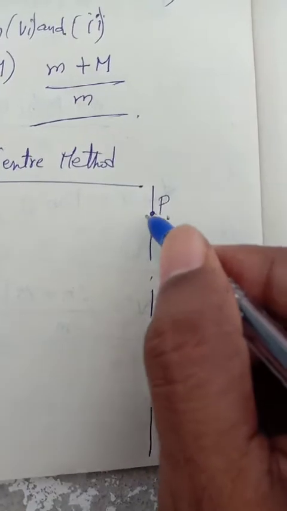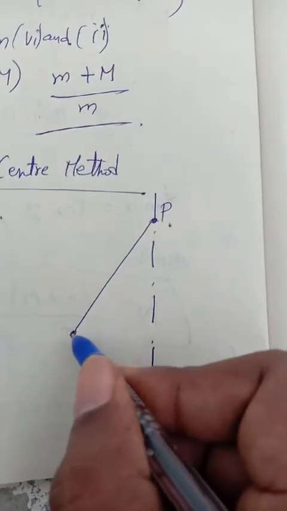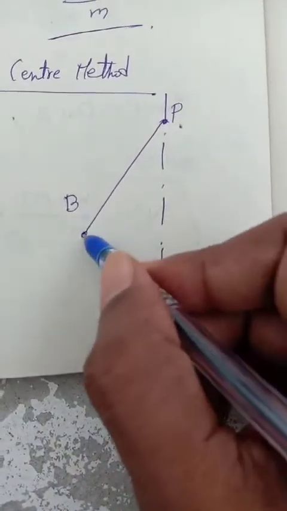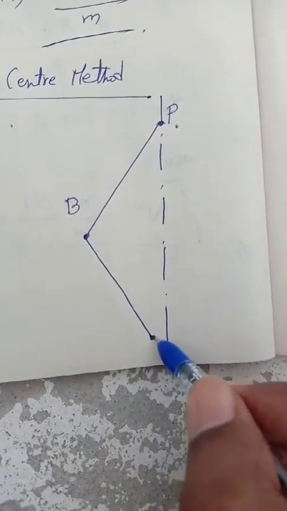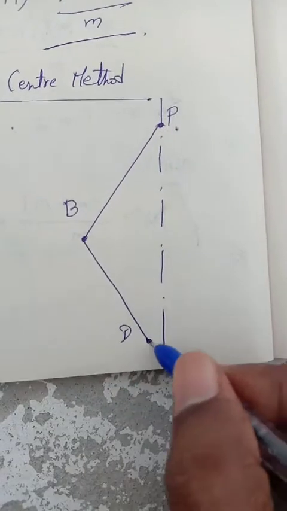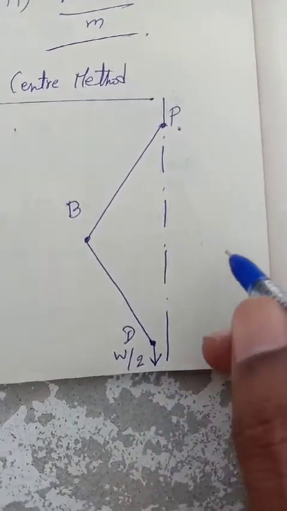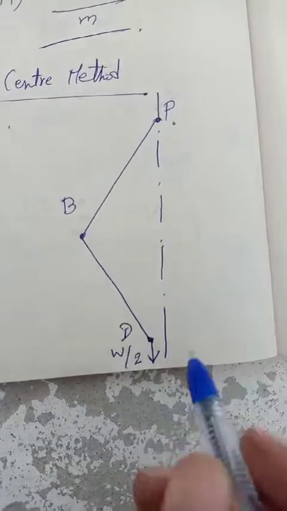Now we know very well this is P, B, D, W by 2.